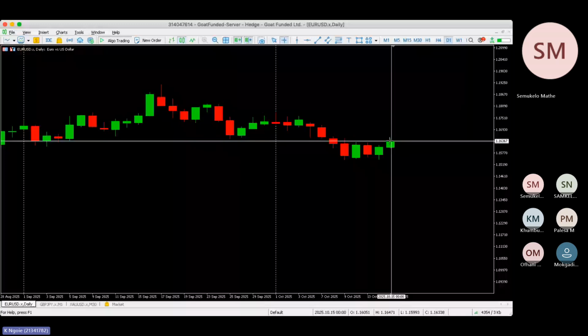So basically I have this chart here which shows, if I look at the bottom there, currently €1 you will need 1.16 dollars.